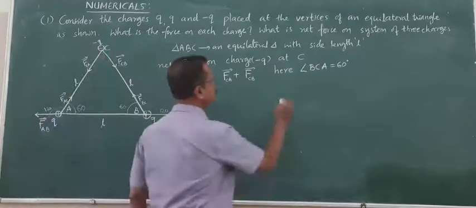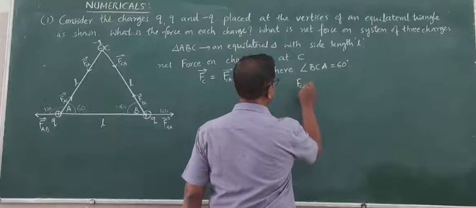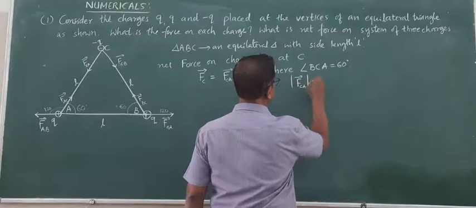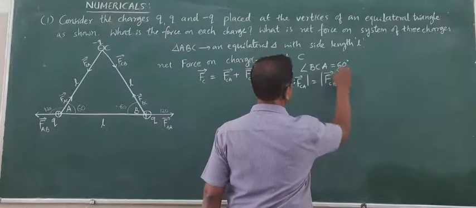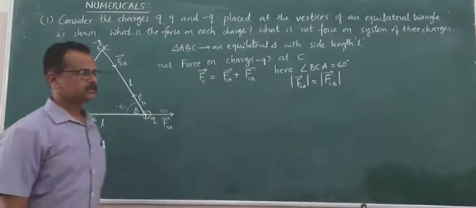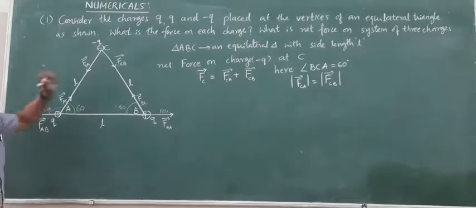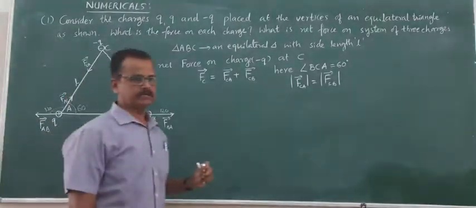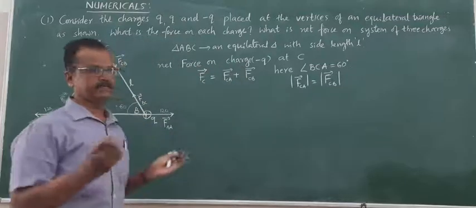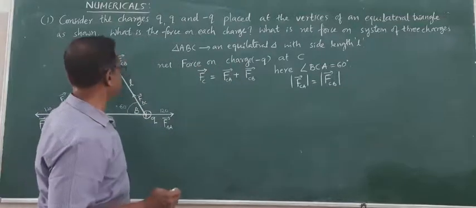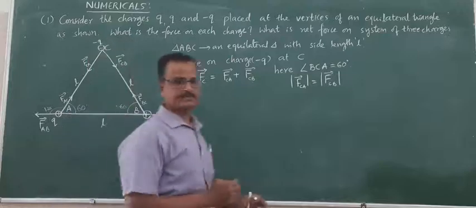Magnitudes are equal. Although directions are different, their magnitudes are equal. How is it? Because the pair of charges are same here, plus Q minus Q, plus Q minus Q.